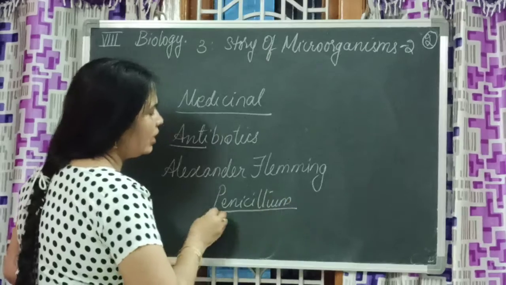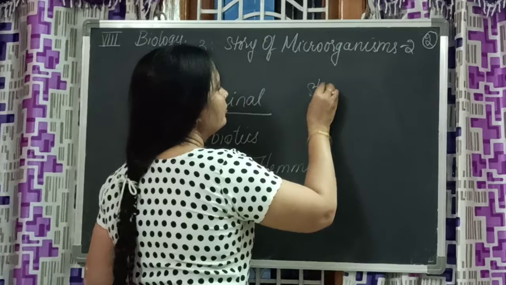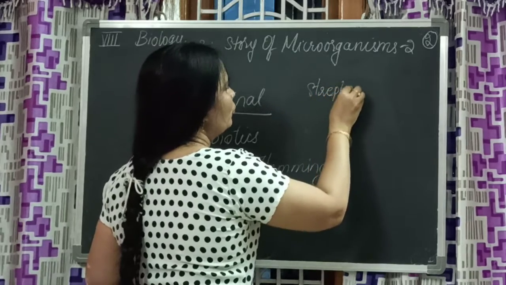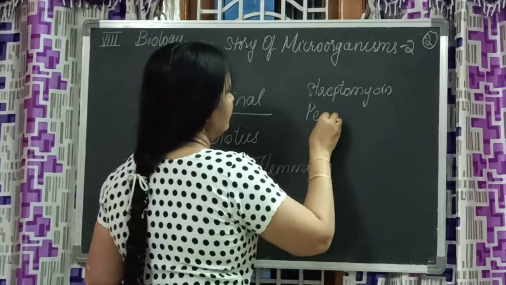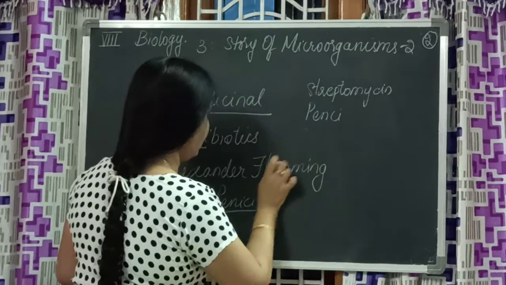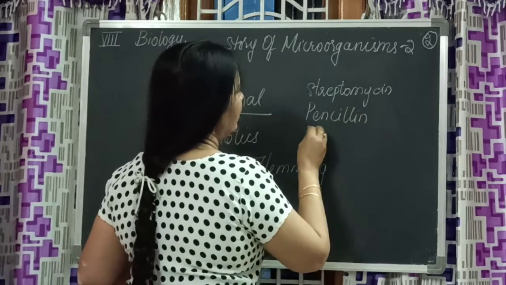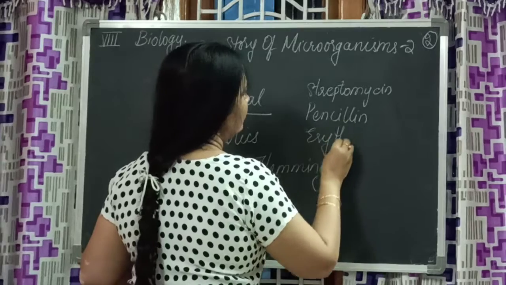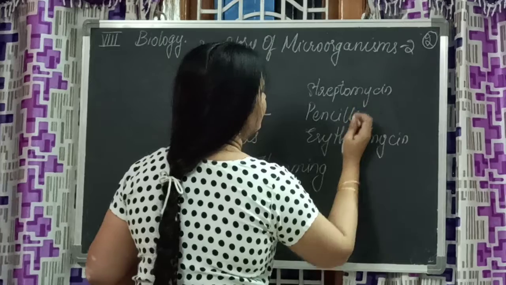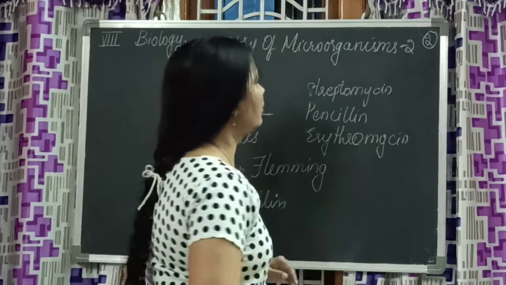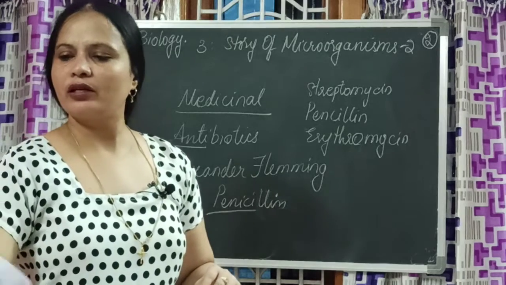So first let us see how many types of antibiotics there are. We have streptomycin, penicillin, erythromycin, and then what else, you have so many.